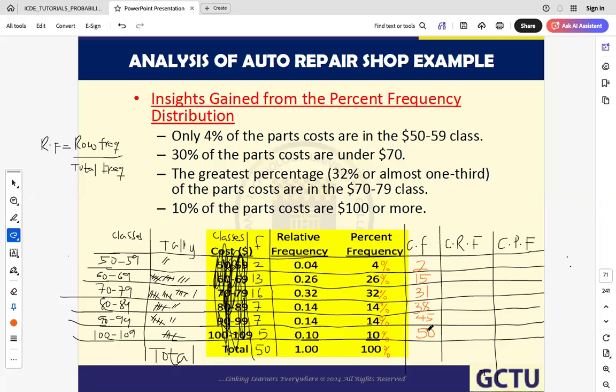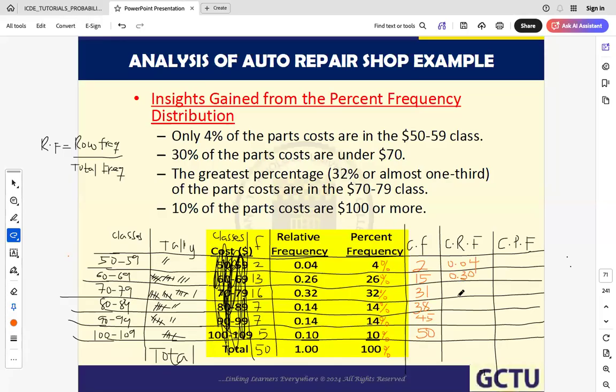We are left with the last two columns where we need to use our calculator one more time. We do 2 divided by 50 as our first one, and you have 0.04. The next one is 15 divided by 50, and you have 0.30. I just want us to always keep it to 2 decimal places.